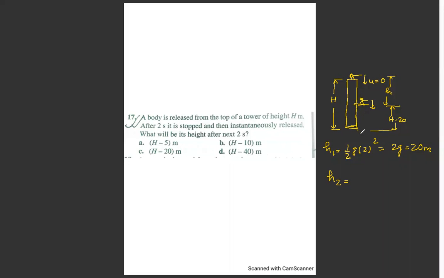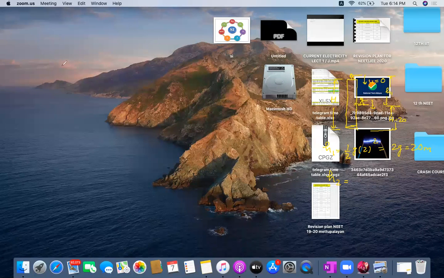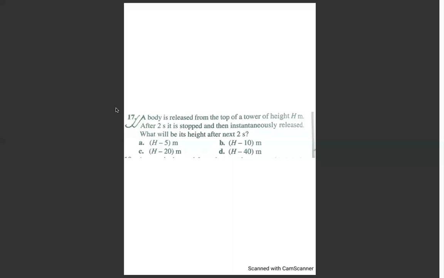Acceleration is constant, so h2 is also going to be 20 meters. h1 is equal to 20 meters, and in the next 2 seconds it is also going to be 20 meters. So from the total, it is going to be h minus 40.